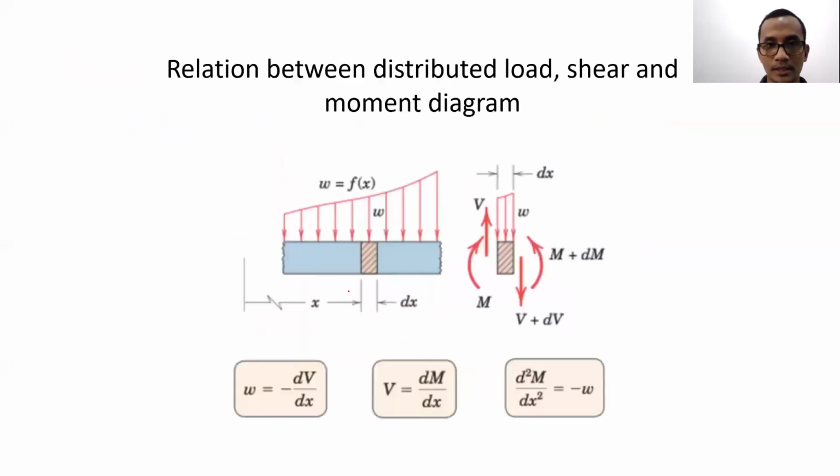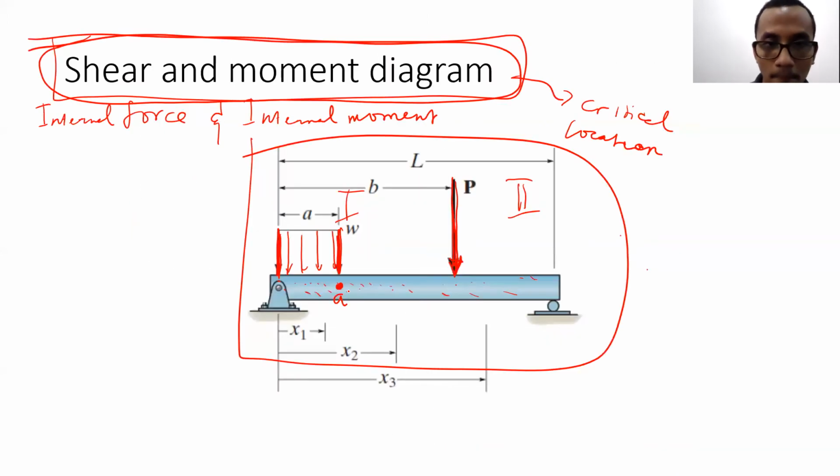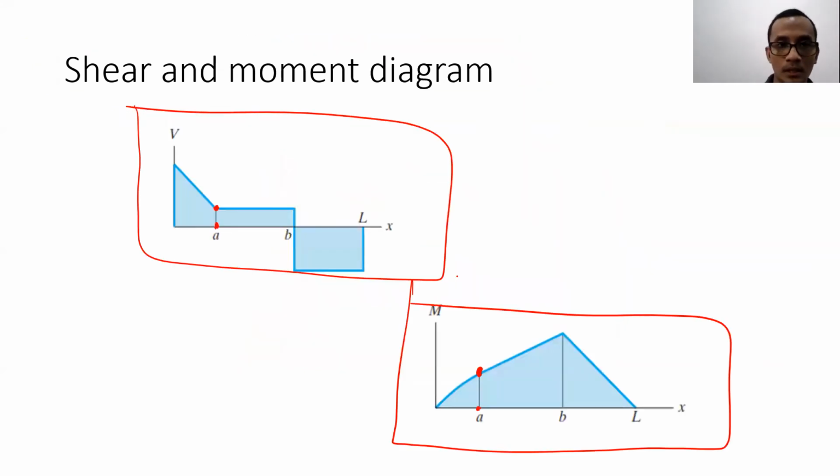Okay, next, at point B, this is point B. This is the value of the shear force. This is the value of the moment, like that.